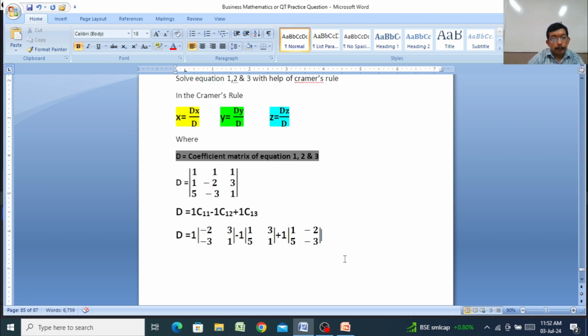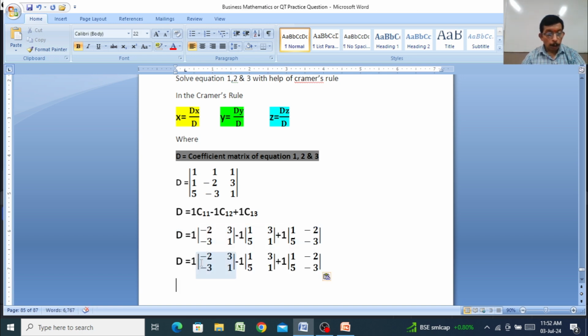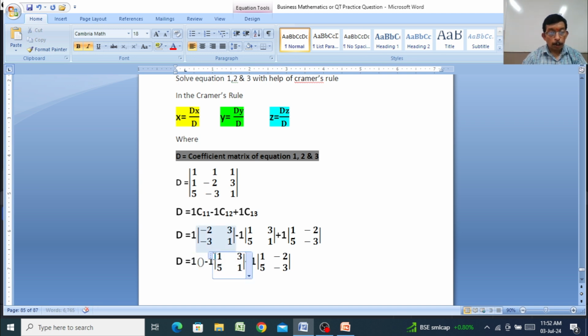Now simplify in the next step. Each determinant is simplified as a 2 by 2 order. The first determinant, the C11 cofactor, is simplified by the difference of the cross multiplication of the elements.